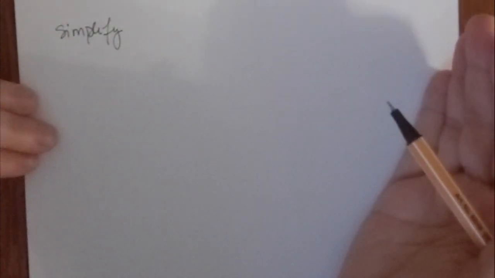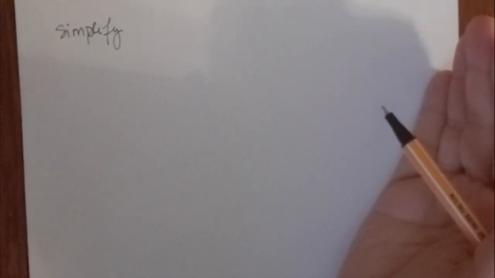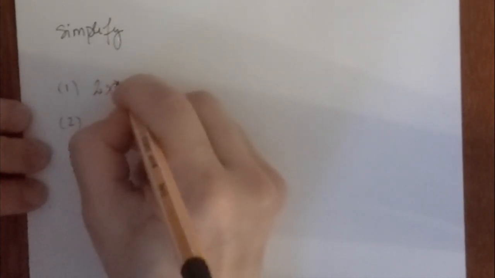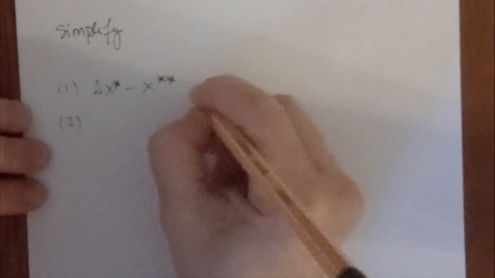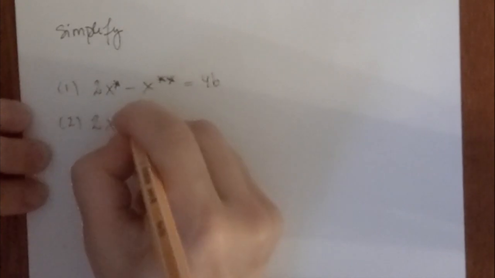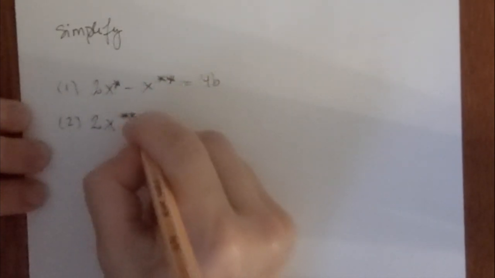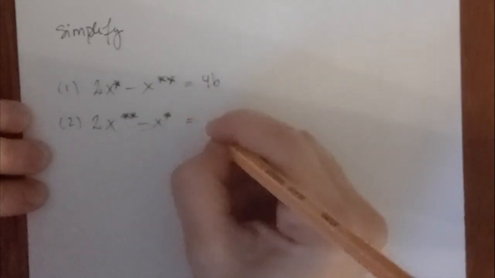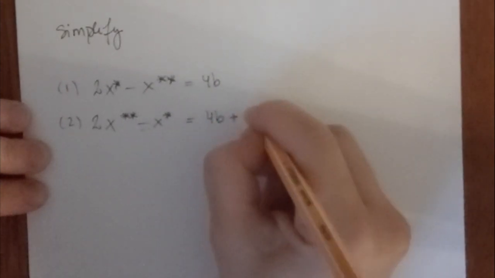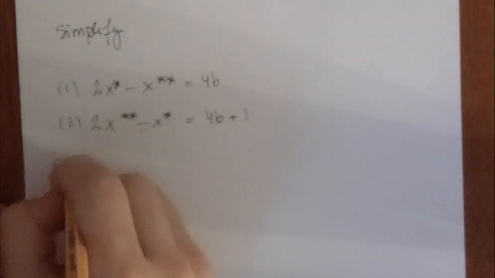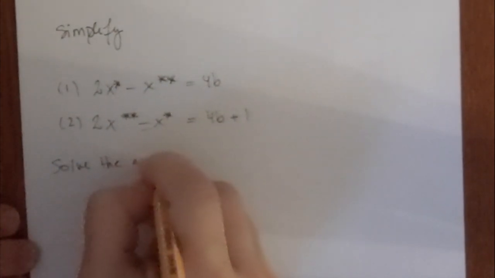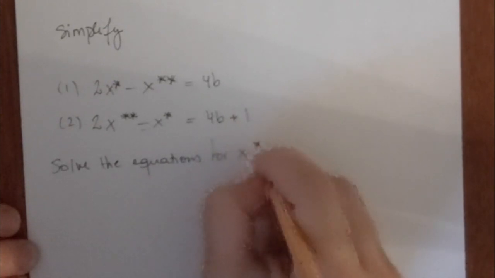Well, if we simplify both of the expressions and we put all B's on one side and all X stars on one side, we arrive at 2X star minus X star star is equal to 4B, and 2X star star minus X star is equal to 4B plus 1. We solve the equations for X star.